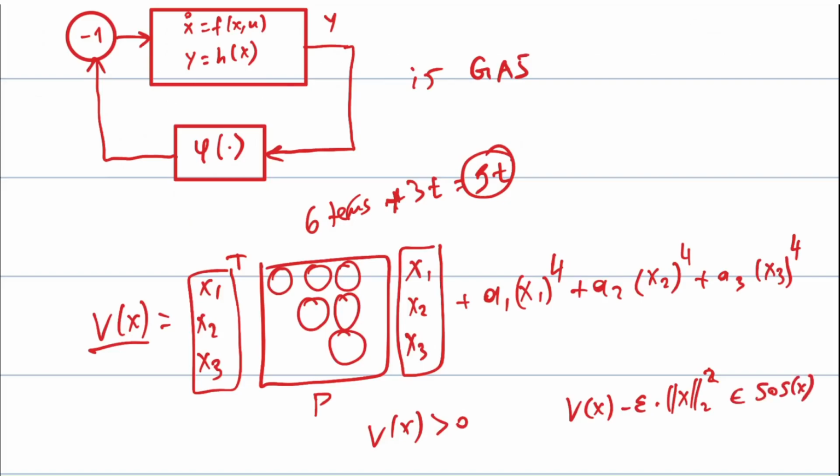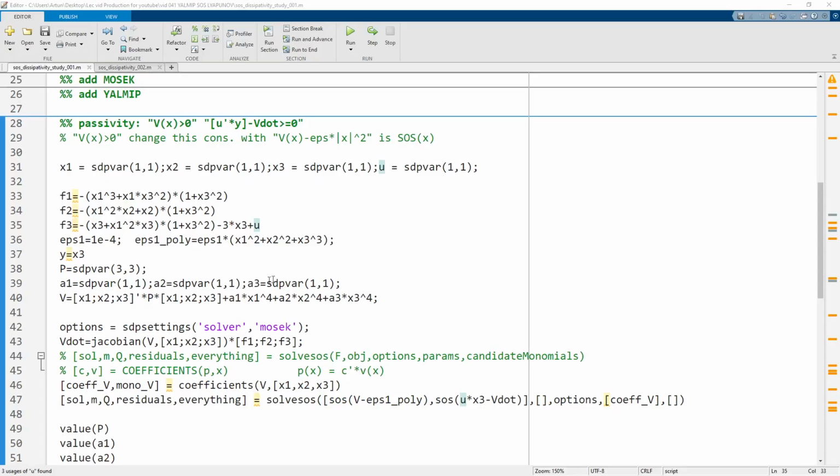That's why we have our P, and we also initiate using SDP variable, and a1, a2, and a3, they are scalars. And this is our V of x, which has x transpose P x and then this second term expression.